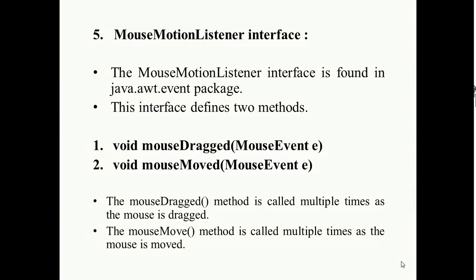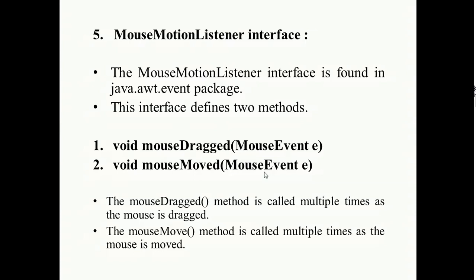The required methods are defined by the syntax: void mouseDragged(MouseEvent e) and void mouseMoved(MouseEvent e). These two are the methods of the mouse motion listener interface.